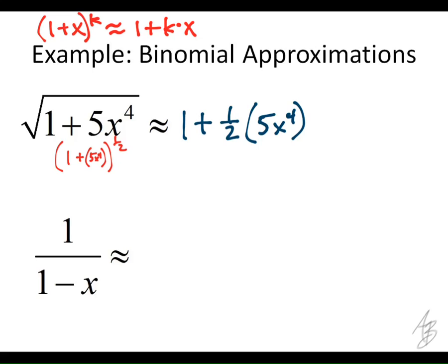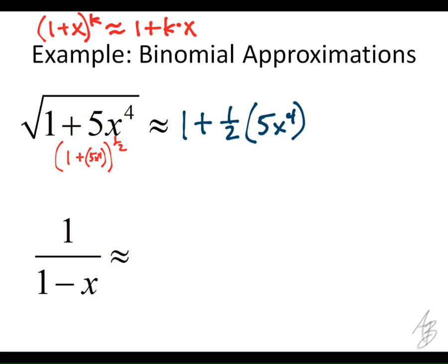So when x is small, the value of the square root of 1 plus 5x to the 4th is going to be really close to 1 plus half of 5x to the 4th. Notice that this approximation doesn't have anything to do with the square root. We can approximate the value of this square root without needing to take a square root.